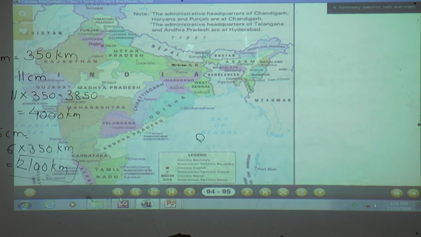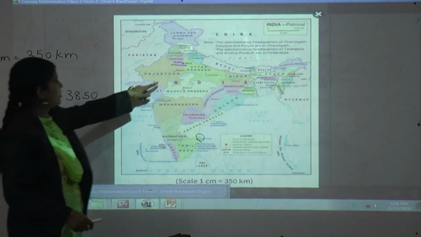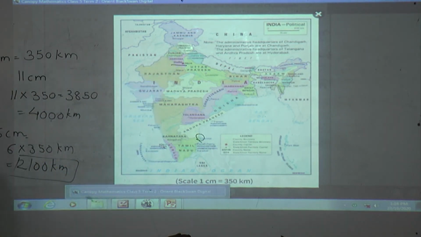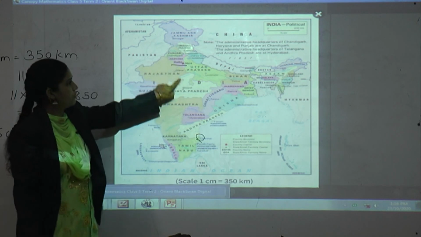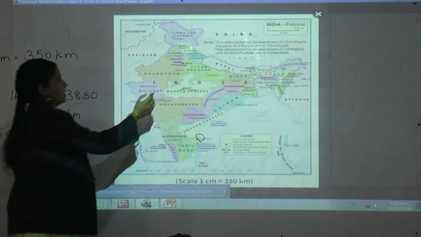Here they have given us some more questions. If north is at the top, south is at the bottom, east is to the right and west is to the left, then which direction will you travel to go from Delhi to Bhopal? Where is Delhi? Here. And where is Bhopal? See carefully, find Bhopal. Here. So which direction will we follow? Yes students, very good.